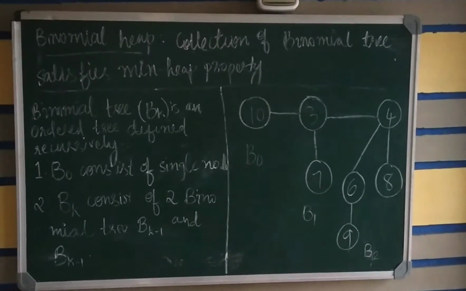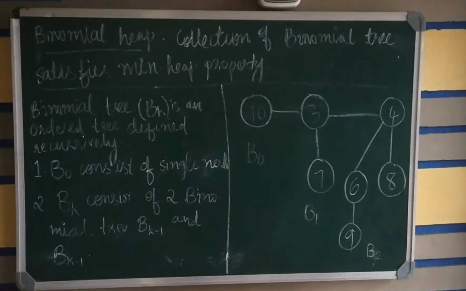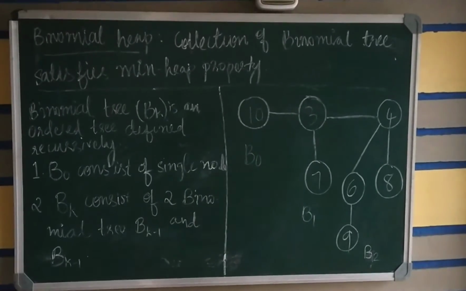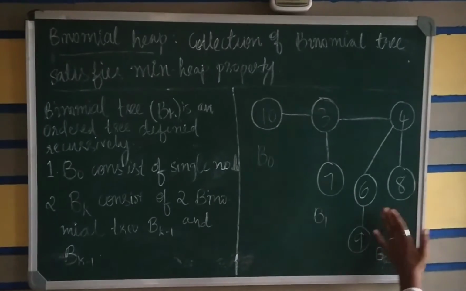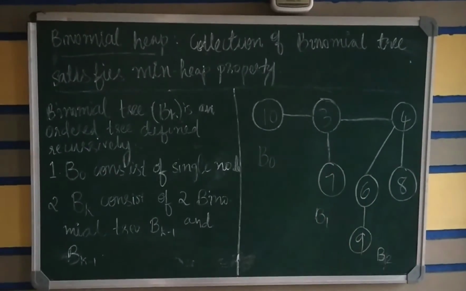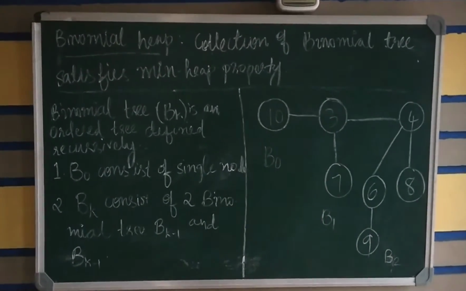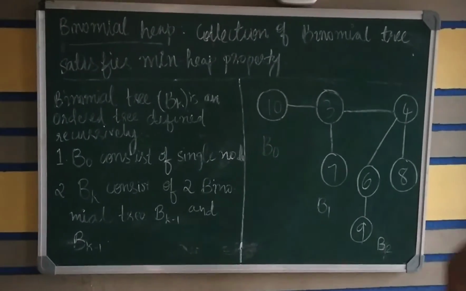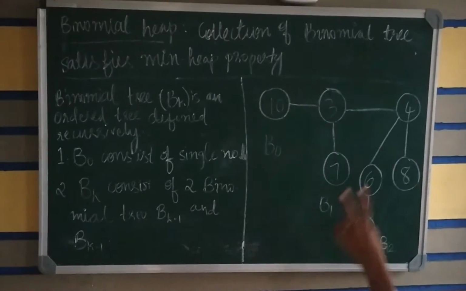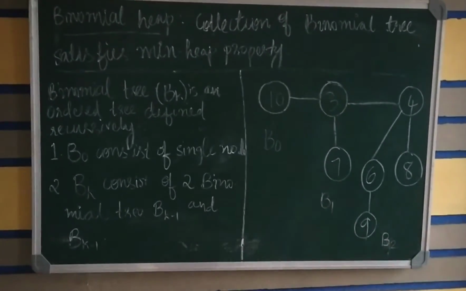It should not come in that order. B0, B1, B2, B3. It should come in the same order. We can skip any one in between, like B0, then B2, with no B1. That is okay, but we should not go with an unordered manner. And also, in the root list there will be no two root nodes with the same degree.